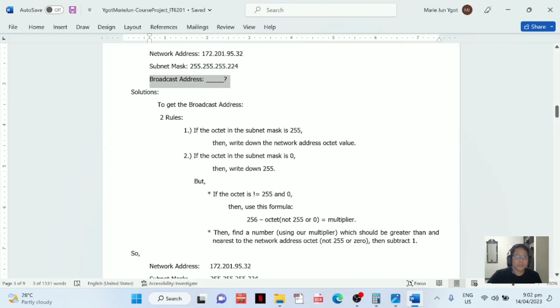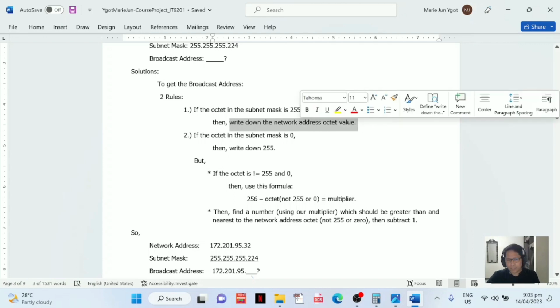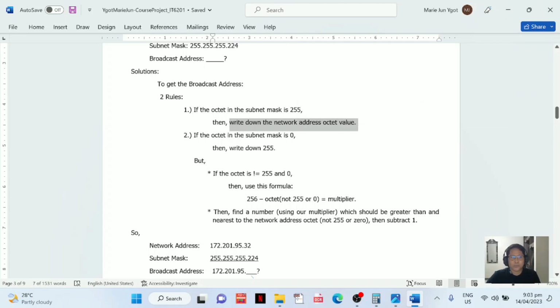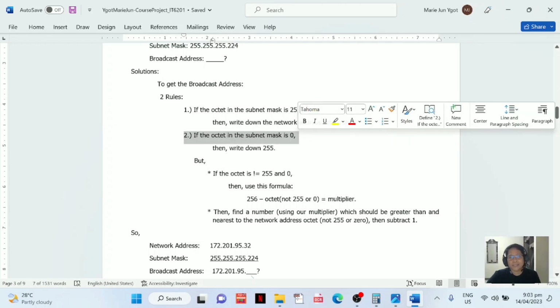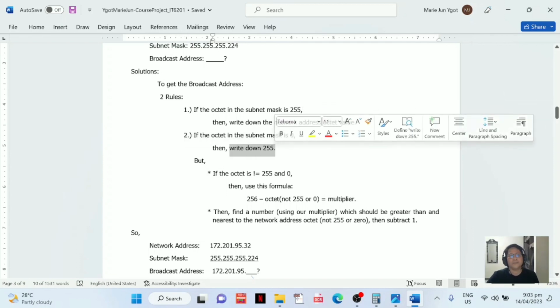First, to get the broadcast address, we need to follow 2 rules. Rule number 1: if the octet in the subnet mask is 255, then we write down the network address octet value. Rule number 2: if the octet in the subnet mask is 0, then we write down 255.